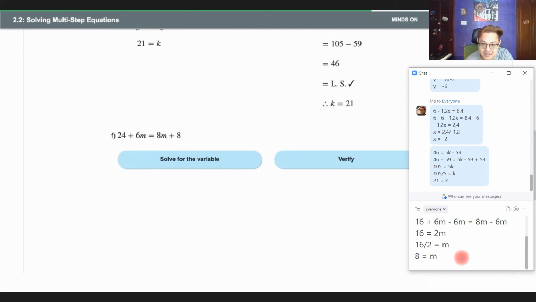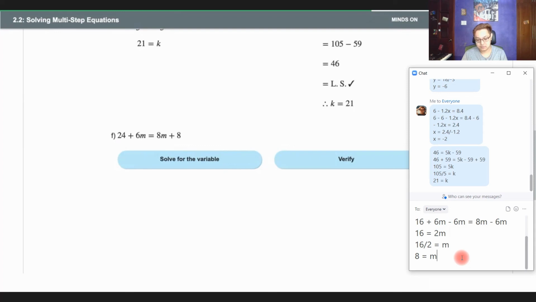Are you sure it's negative 8? m equals negative 8. Careful. Yes, check again, please. Wait, no, I think it's just 8. It's only 8, because when a negative number is divided by a negative number, it becomes a positive number.